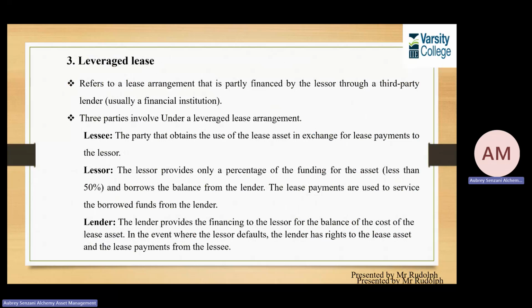Okay. Then a leveraged lease. Here we're referring to a lease agreement that is partly financed by the lessor through a third-party lender. So we have three parties, and I like to use the car illustration. You've got Aubrey dealership. I'm the lessor.